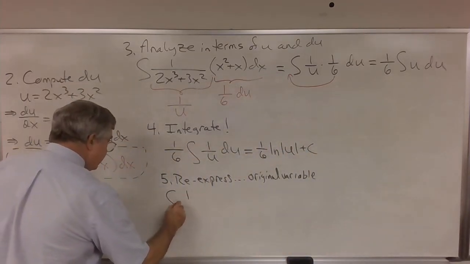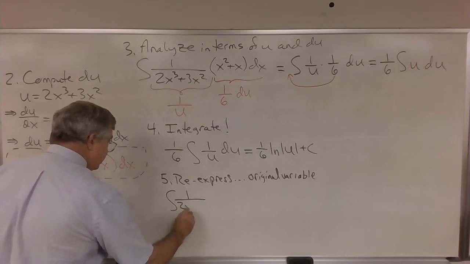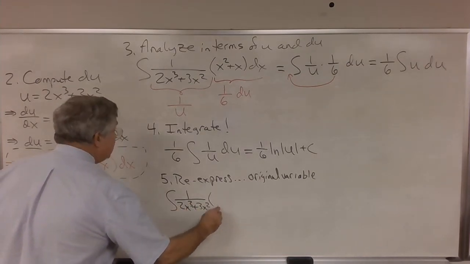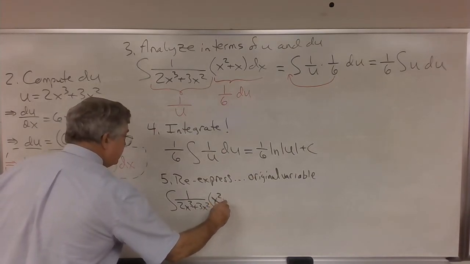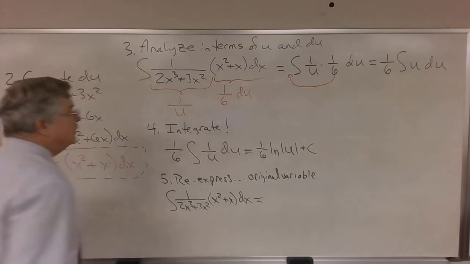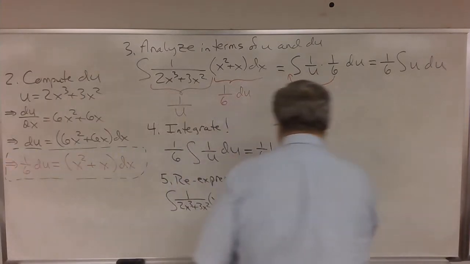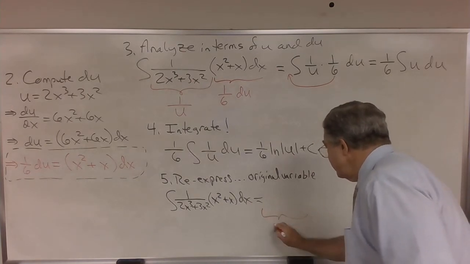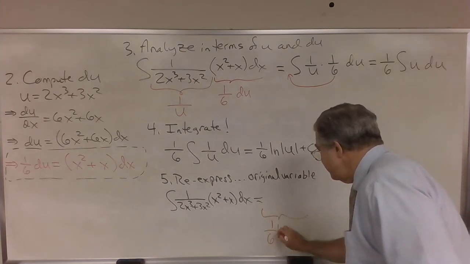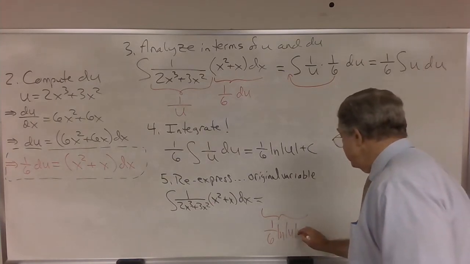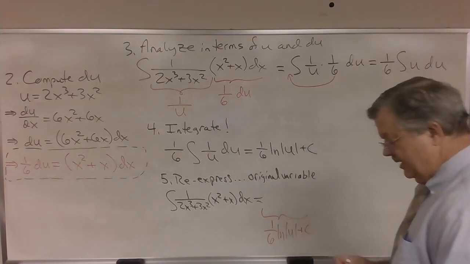So we had the integral of 1 over (2x cubed plus 3x squared) times (x squared plus x) dx equals, in terms of u, 1/6 natural log of the absolute value of u plus c.